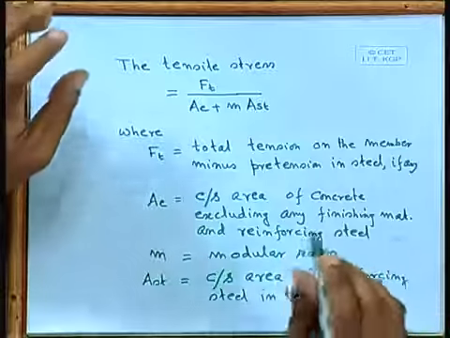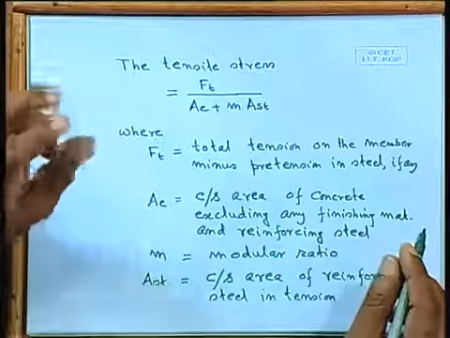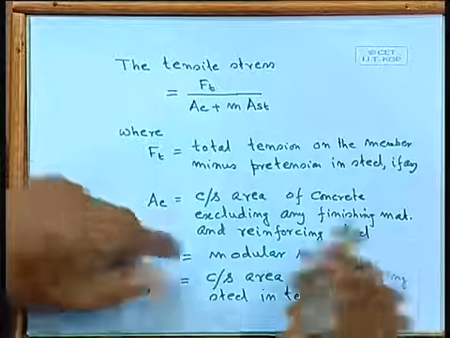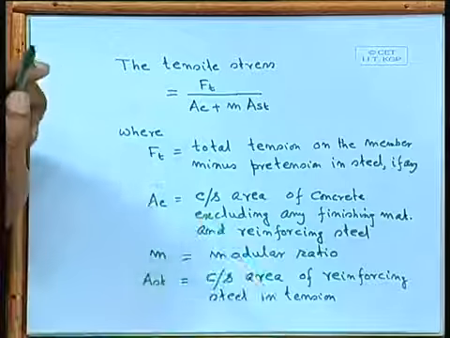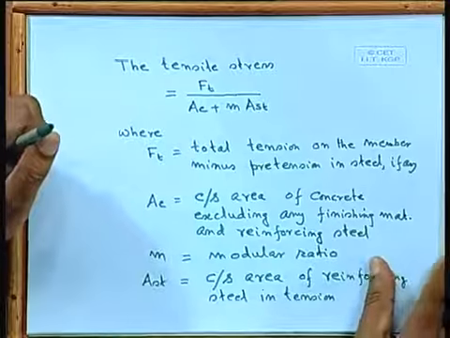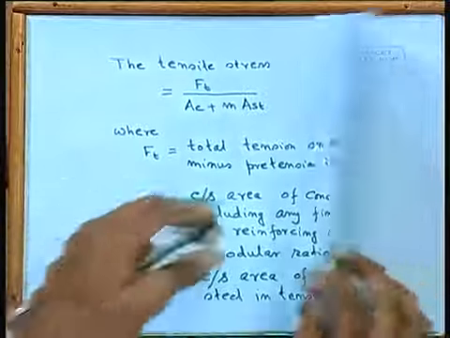AST means the total area of the bars you are providing. Let me continue, and I am coming next to your point.